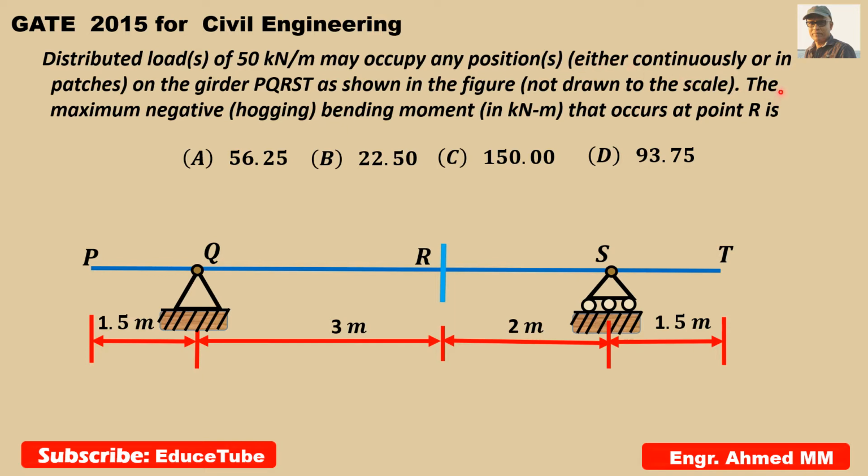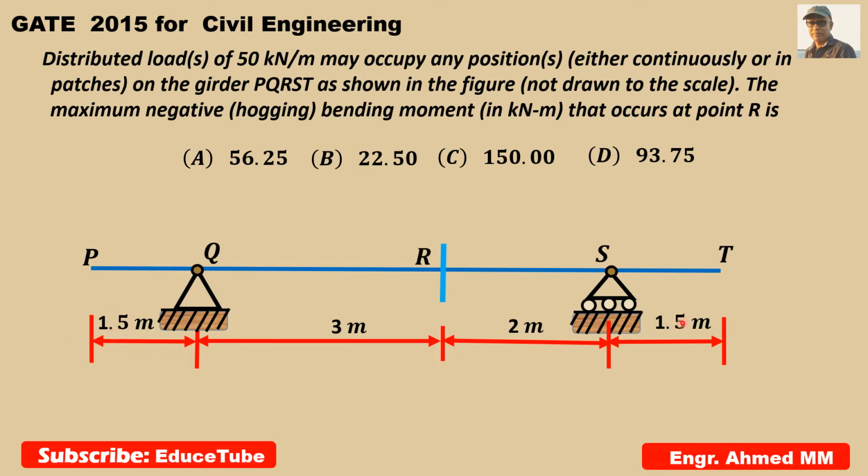And we need to find the maximum negative hogging bending moment at this point R. Also, we need to see out of these four, which one is the correct answer. Also here we can see the distance for the cantilever part.